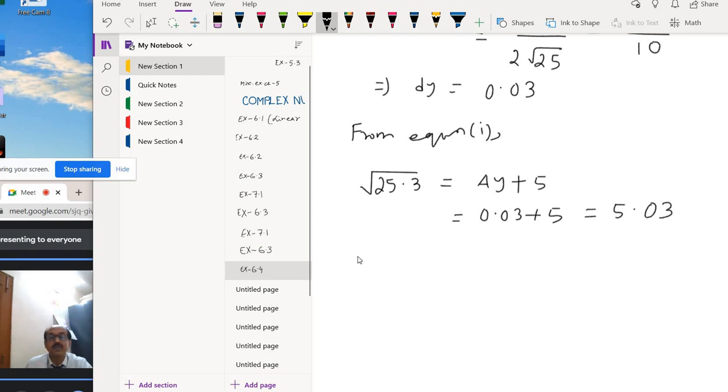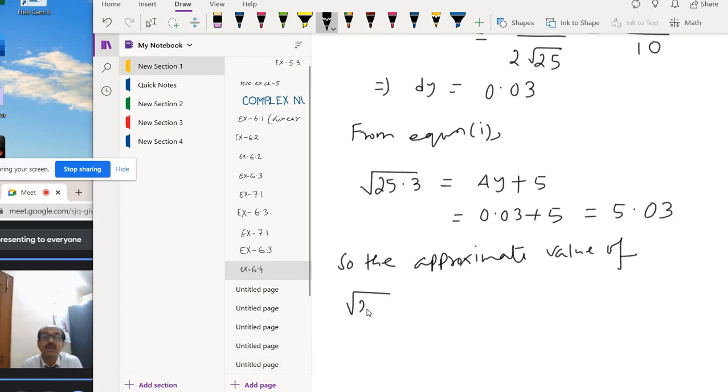The approximate value of under root 25.3 is 5.03. This is the answer.